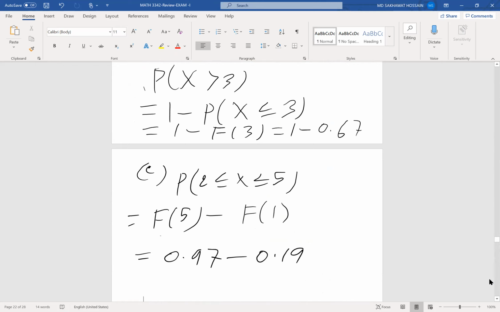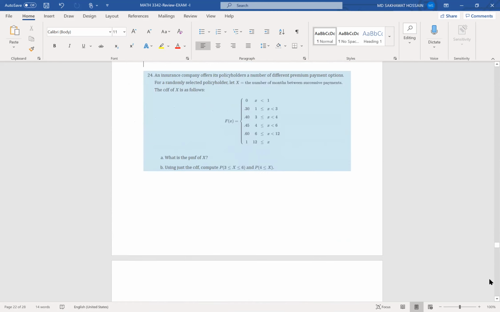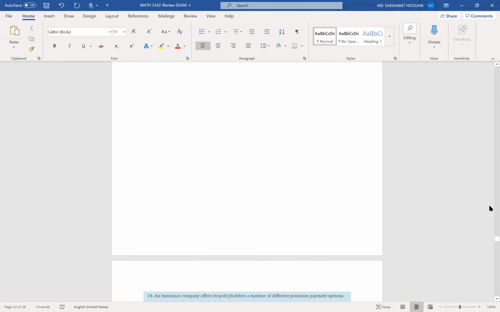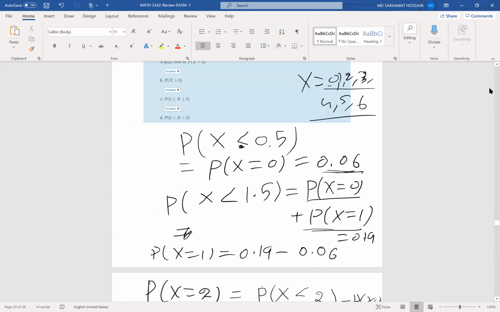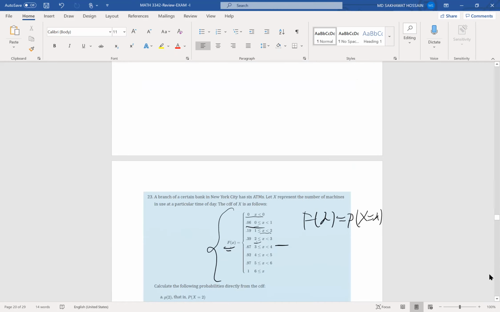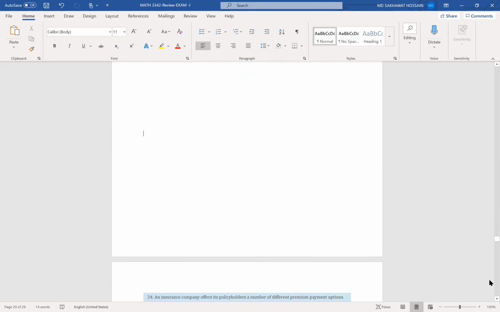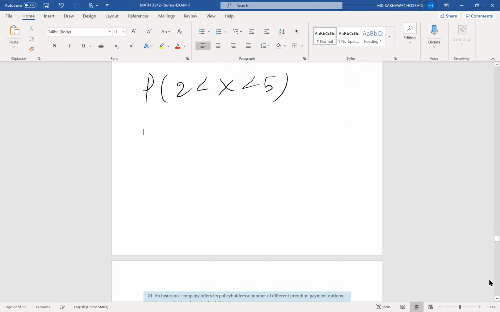Similarly, you can find the probability for part D. Part D is the probability between 2 to 5, where 2 and 5 are not included here.